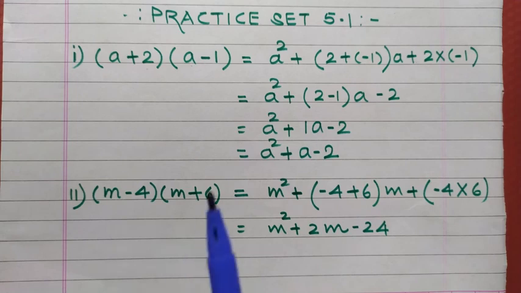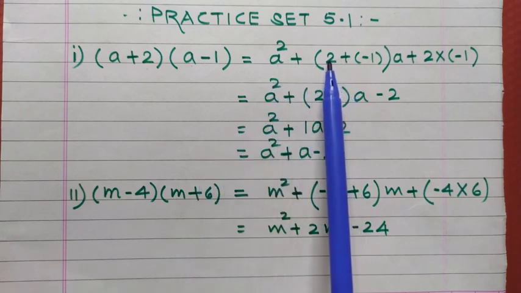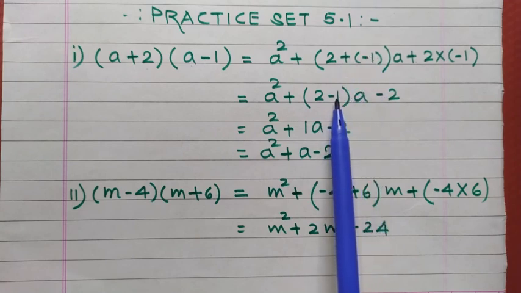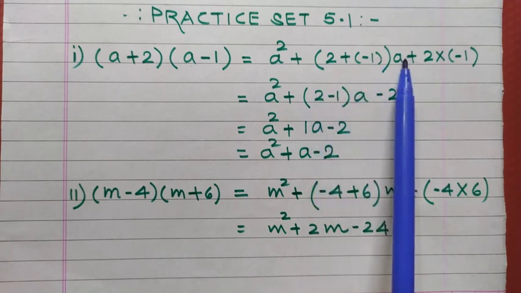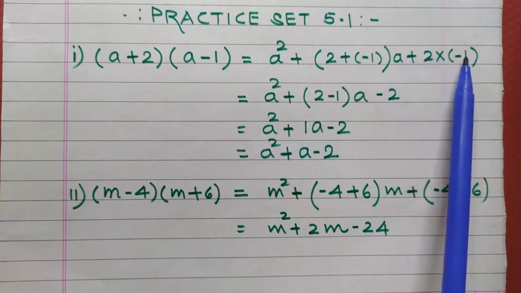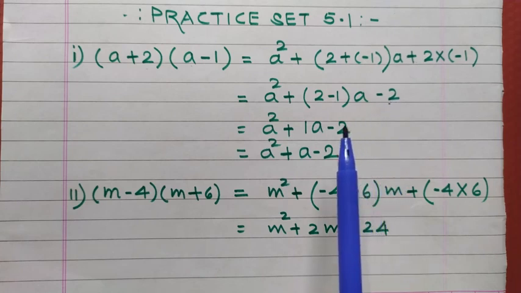So we'll start with simplification. a square plus (2 plus minus 1), plus into minus is equal to minus. So it will be (2 minus 1) into a plus 2 into minus 1 will give us minus 2. Plus into minus is equal to minus.